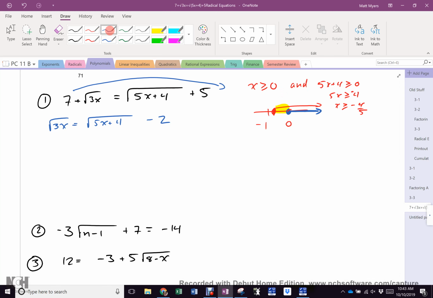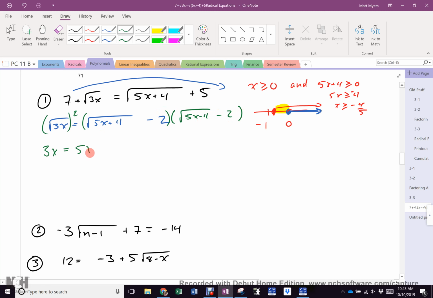Now, back to here. Of course, I square both sides, and I get 3x. And here, of course, is where you're going to make your errors, because you screw up polynomial multiplication.